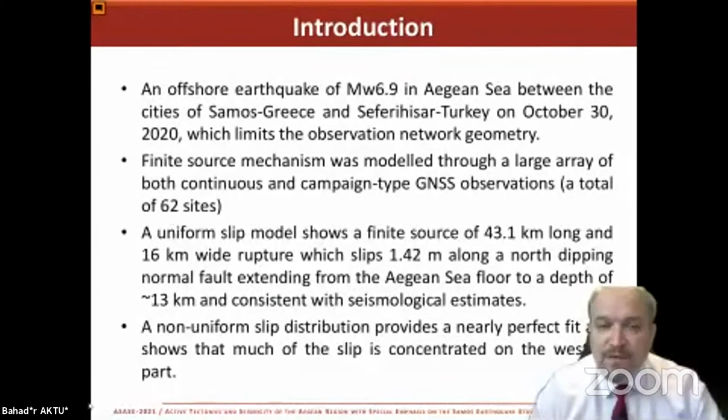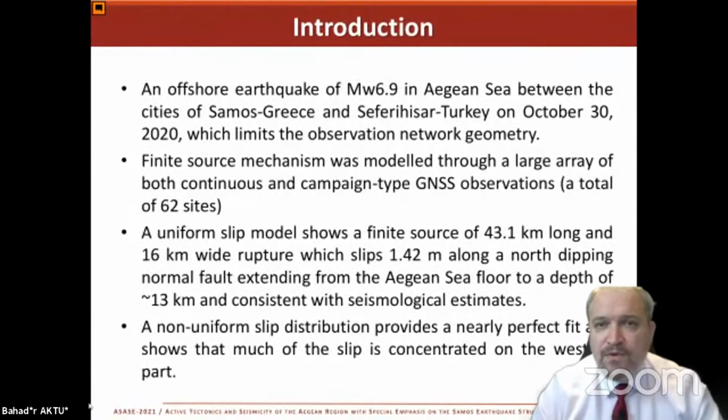After that, we modeled the coseismic offsets for both uniform and distributed slips. Our uniform slip model shows a finite source of a 43 kilometer long and 16 kilometer wide rupture, which slips 1.42 meters on average. We're going to talk about that later.